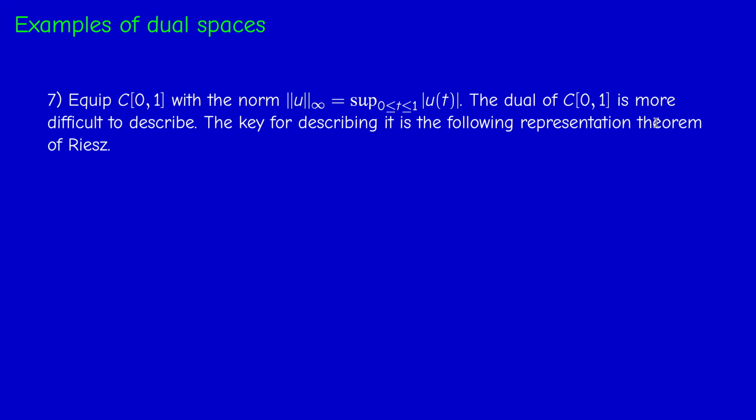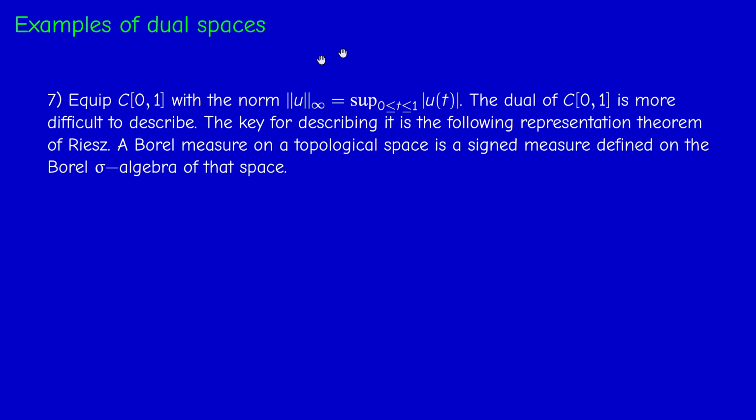Okay, and you can put a norm on the space of measures. Now the key to this description, so the dual of C[0,1] is isometric to a space of measures with some norm, is a very important representation theorem due to Riesz, that you should know.